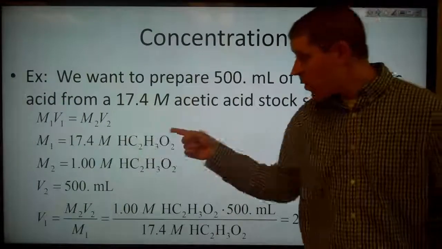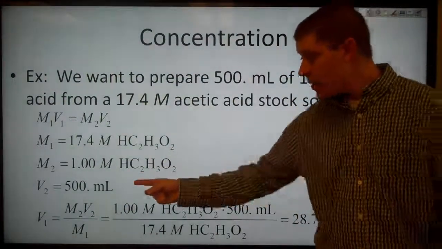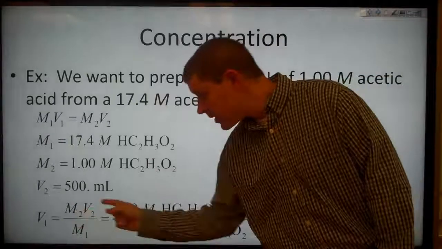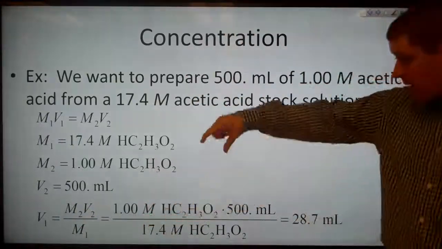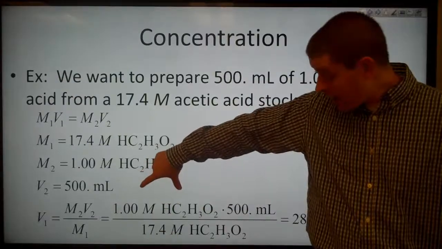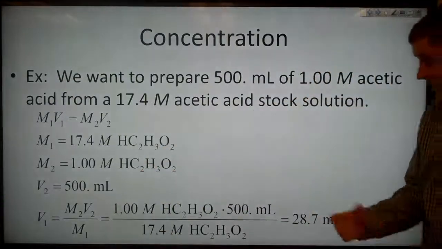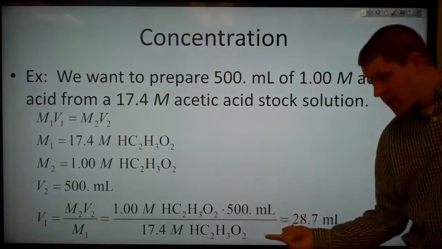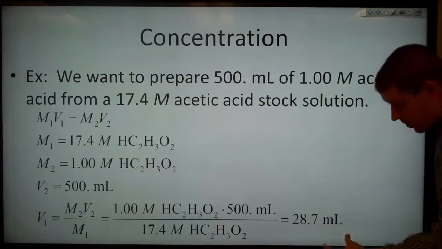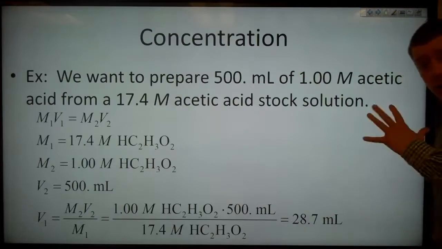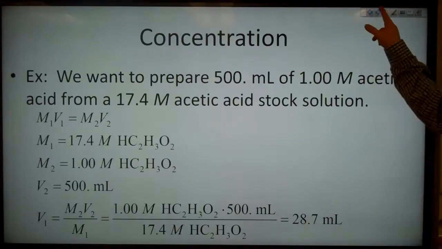So we know M1, we know M2, and we know V2. So we rearrange to get V1. V1 is equal to M2 V2 over M1. When we plug in our values, we have 1.0 molar acetic acid times 500 milliliters divided by 17.4 molar acetic acid, and that gives us the same 28.7 milliliters that we got with the dimensional analysis method.